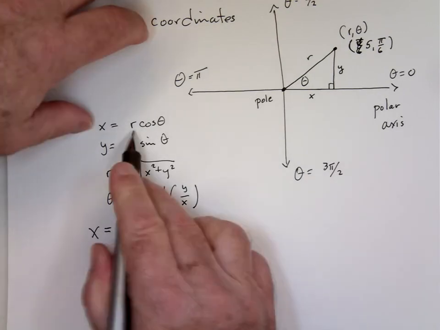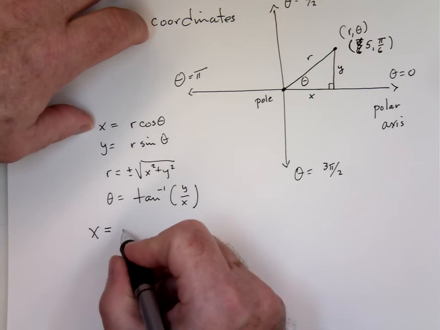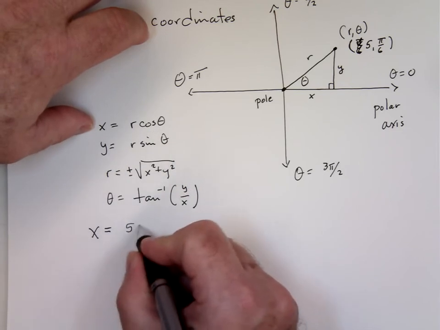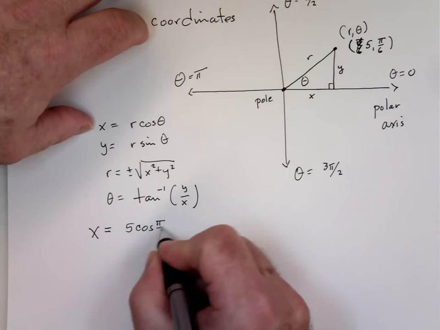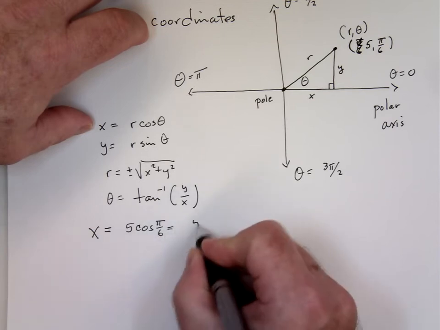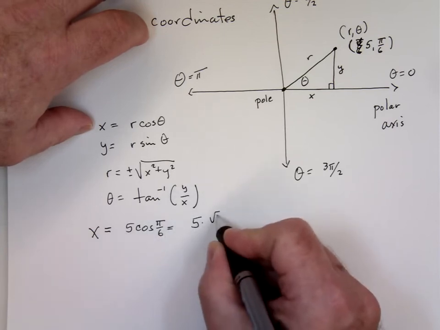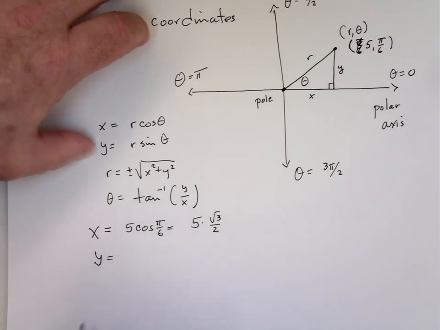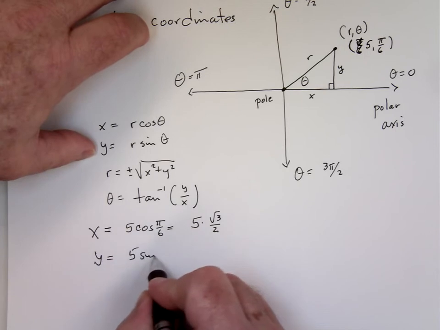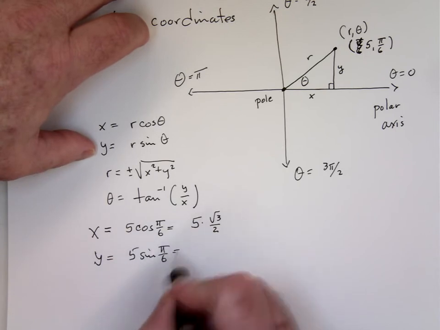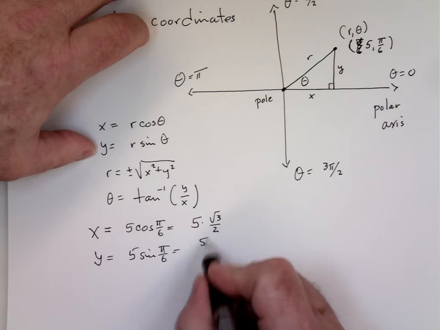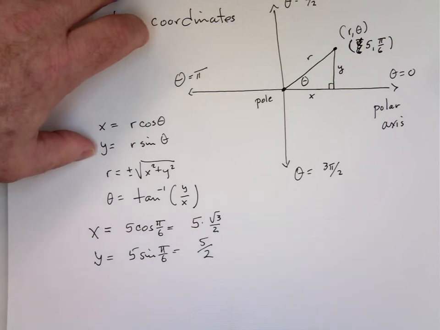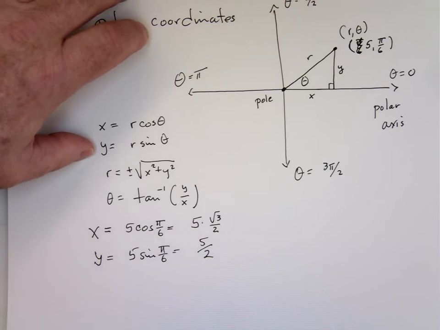R cosine theta, that would be equal to 5 cosine pi over 6, which is 5 root 3 over 2. And y would equal 5 sine of pi over 6, 1/2, so 5 halves. And that would be its x and y in a rectangular coordinate system.